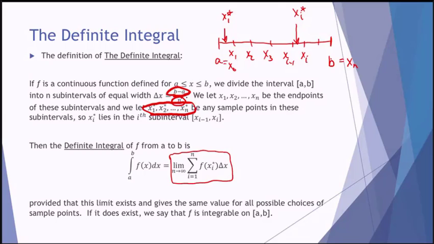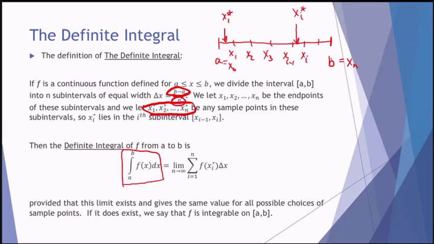Okay? So that's a lot of writing to do. So what we do is we shorthand that right-hand side, and instead we write this new notation. It's read as, the definite integral of f from A to B is, and this is what the new notation looks like.